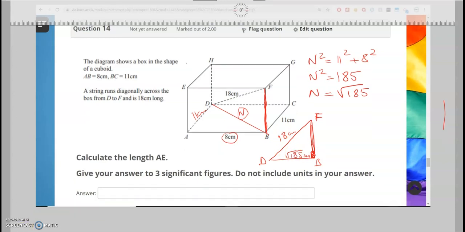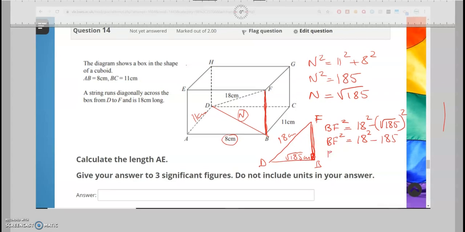I'll write this down. So BF squared is equal to 18 squared minus the square of the square root of 185. So all of this is squared. But because square root and squared are opposite of each other, what we have now is that BF squared is equal to 18 squared minus 185.